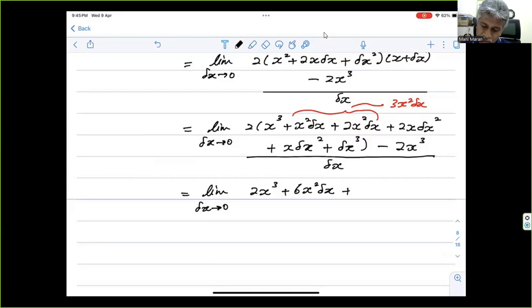Here you got one more term: 2x delta x squared and then x delta x squared. This also will give you 3, so 3 times 2 will give you 6. So you'll get 6x delta x squared, and then plus 2 delta x cubed. That's all. And then minus 2x cubed, and then this whole thing divided by delta x.